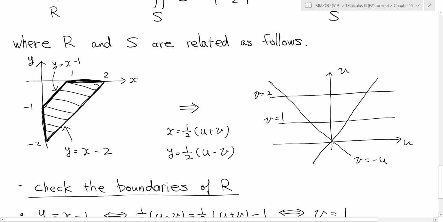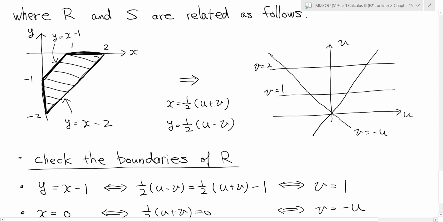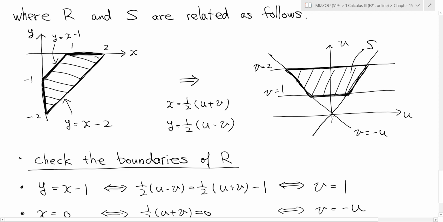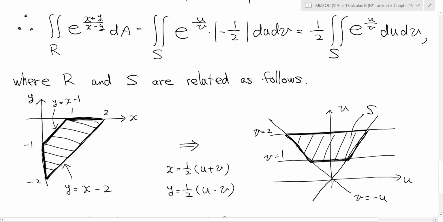Then look at the region bounded by those 4 lines. We get this trapezoid. The inside of this trapezoid is the new region of integration S, and this S is the S we're going to integrate over.